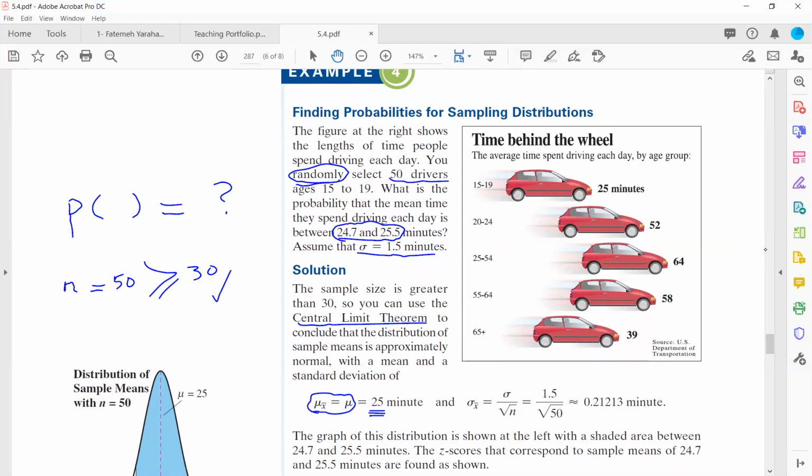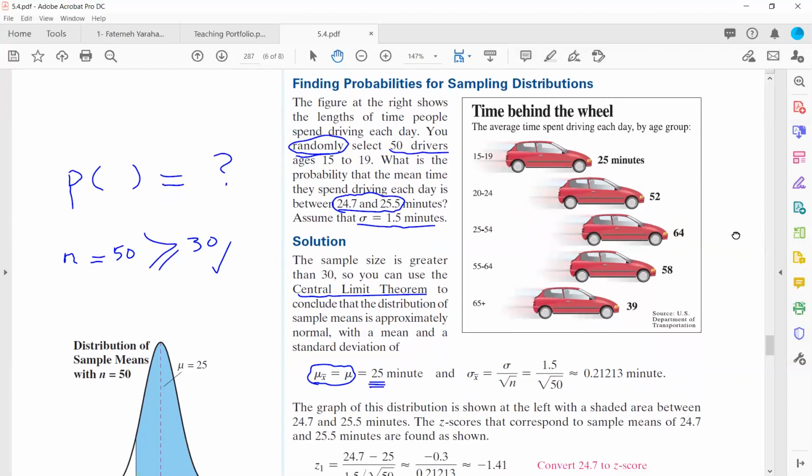The mean of the population is 25. The standard deviation of the sampling distribution is the standard deviation of the population divided by the square root of n. N, or sample size, is 50, and the standard deviation of the population is also given, 1.5.